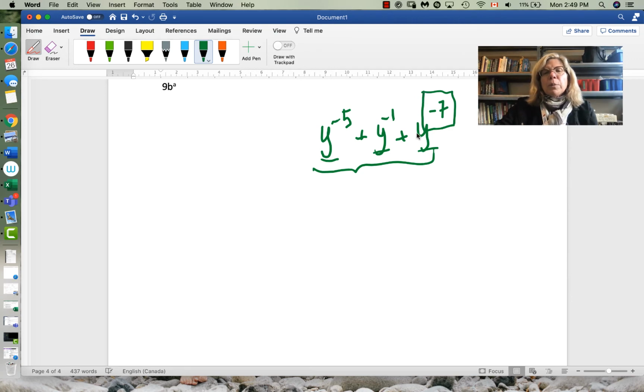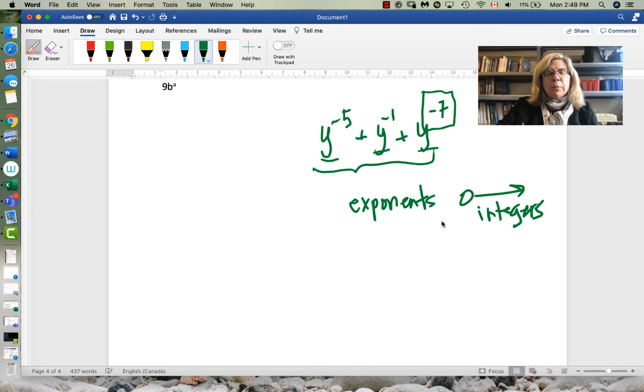In polynomials, you cannot have negative exponents. They have to be whole numbers. So exponents have to be 0 and up, integers. They can't be fractions, they can't be negative numbers, they can't be anything like that.